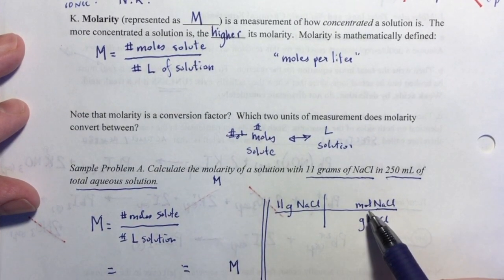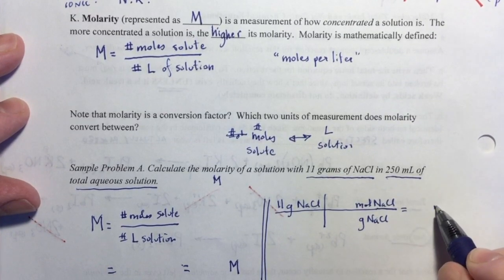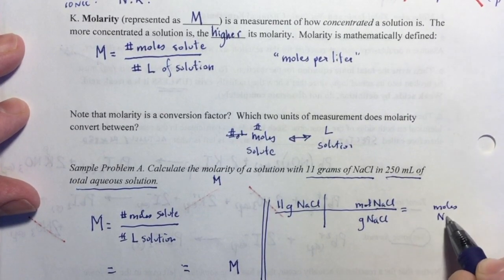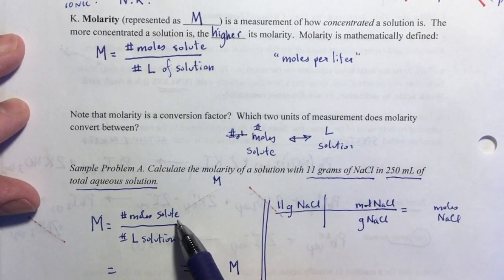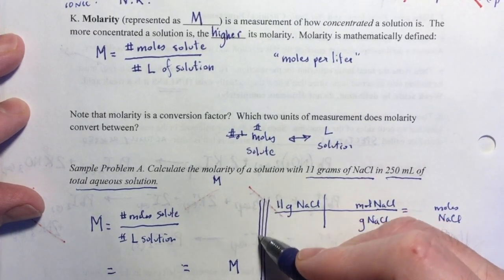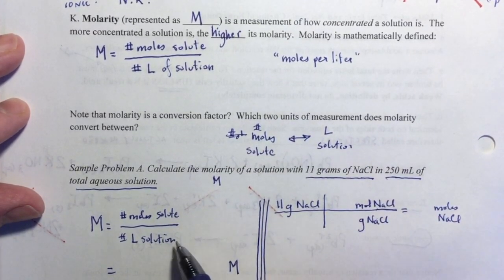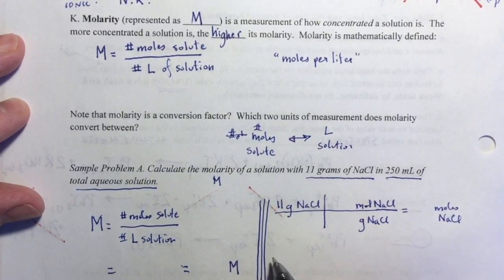So be very careful about that. And that's going to give me the moles of my solute, and when I get that, I'm going to be able to plug it in here in the numerator. Similarly for the denominator, and these are all separate, for the denominator, I need liters of solution. I've got 250 milliliters.